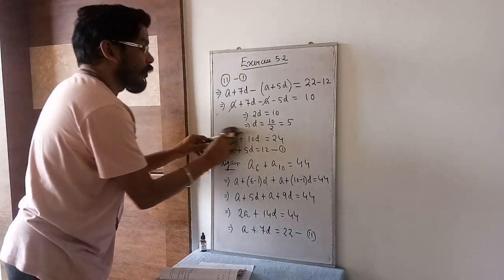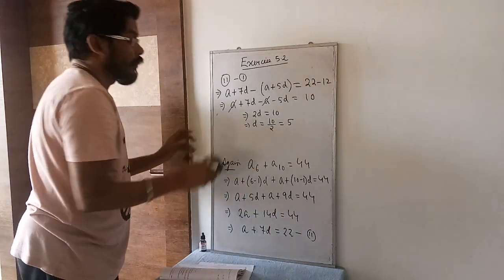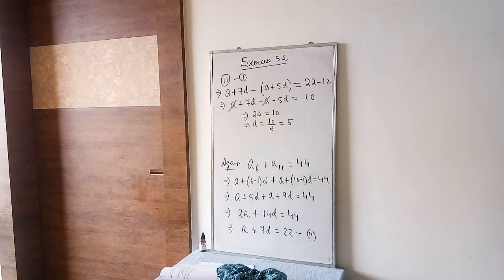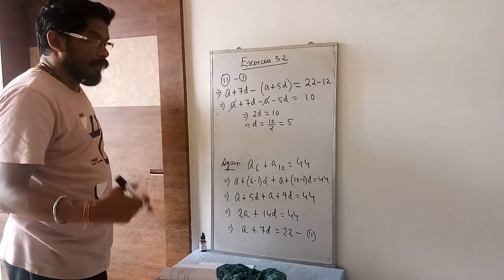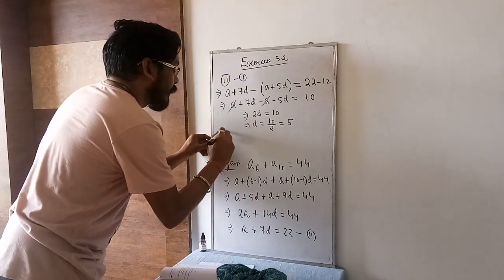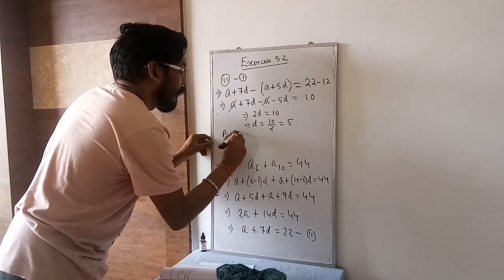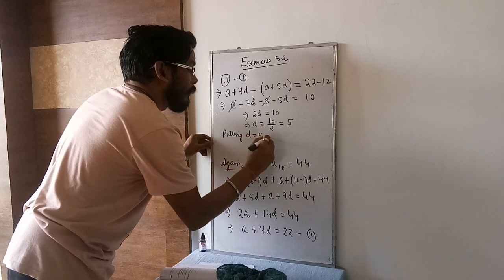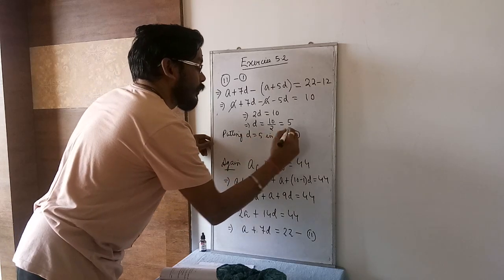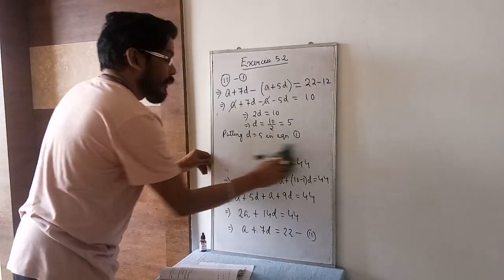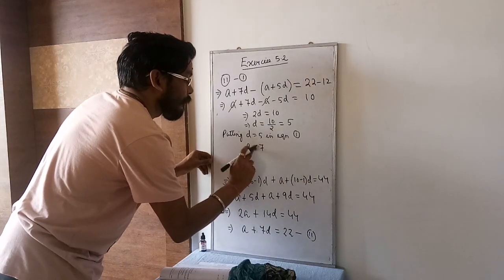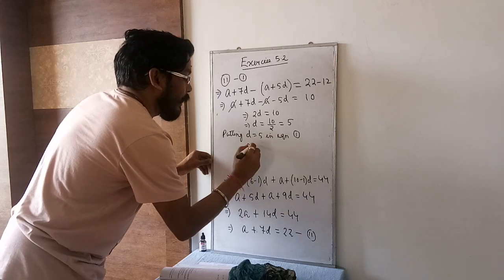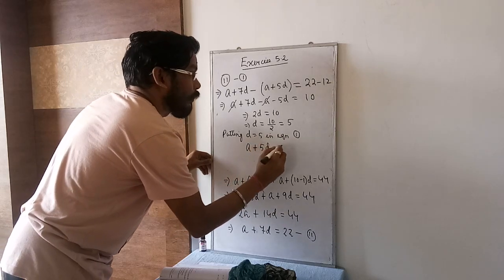You can take the screenshot. So D value I got. Now I have to find out the value of A. Now I will put D equal to 5 in equation 1. You can find it by putting it in equation 2 as well. Equation 1 was A plus 5D equal to 12.